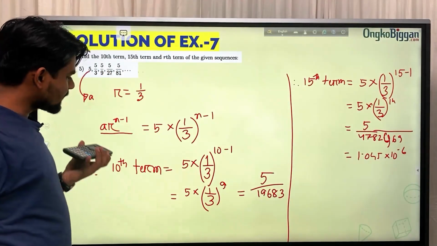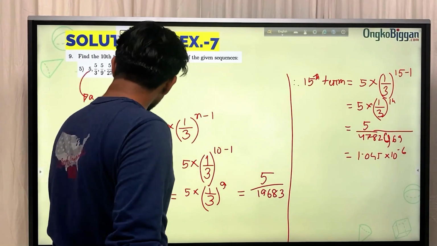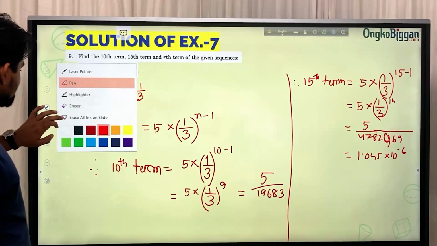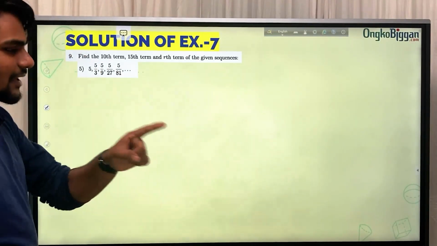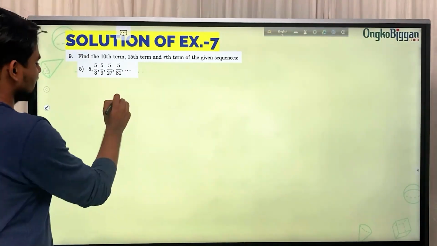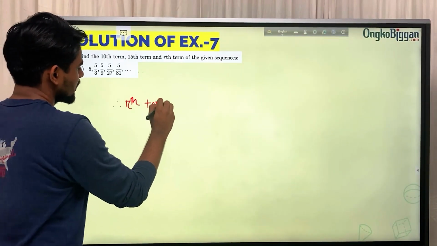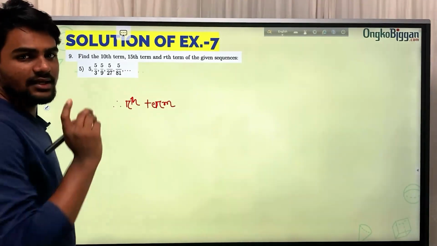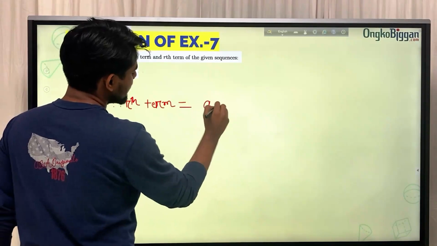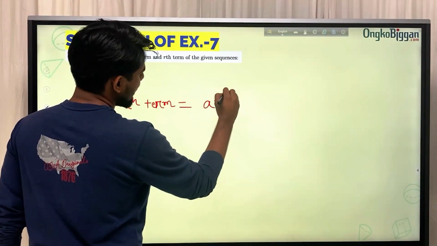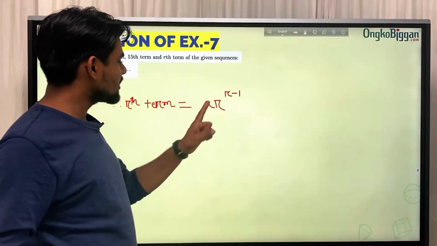So now that we have found the general term, what will be the rth term of the sequence? So the rth term will be ar^(r-1). I guess we have made a mistake. Not a mistake.